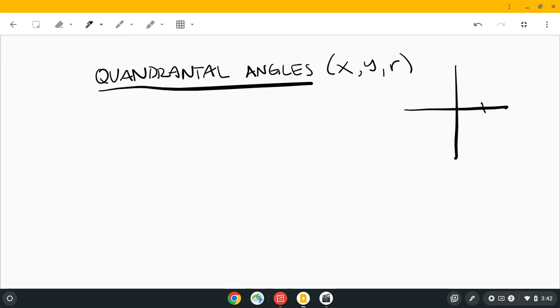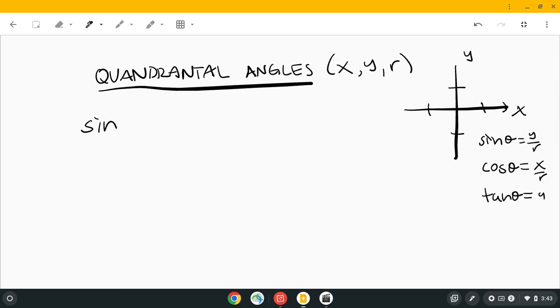So right here, this is 1, this is 1, this is -1, this is -1. This is the x-axis, this is the y-axis. And we know that sine is y over r, cosine is x over r, and tangent is y over x.